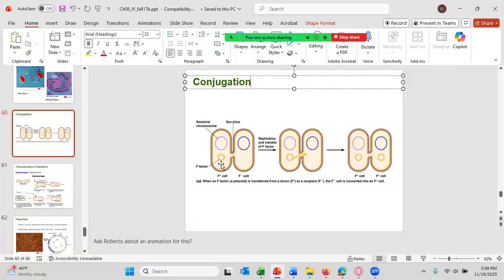And then the plasmid, which is called the F plasmid, by the way, replicates and then moves over through the sex pilus into the other cell. And then that cell now has the F plasmid in it, which codes for the sex pilus. So this cell will then make a sex pilus, and that will change the phenotype of this cell from F minus to F plus.